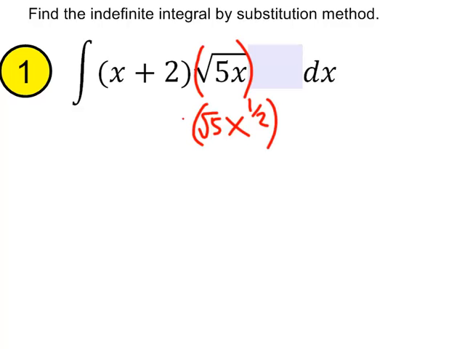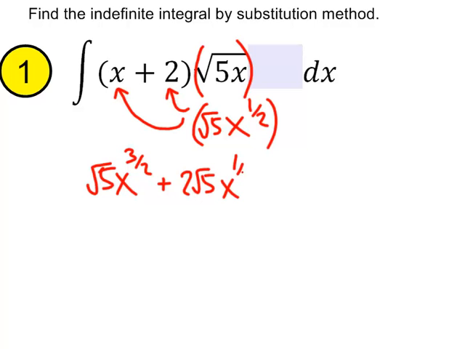And when we distribute that to this x, we would get root 5 x to the 3/2 power. And then when we distribute it to the 2, we'd get 2 root 5 x to the 1/2. And that would be a relatively easy function to anti-derive.